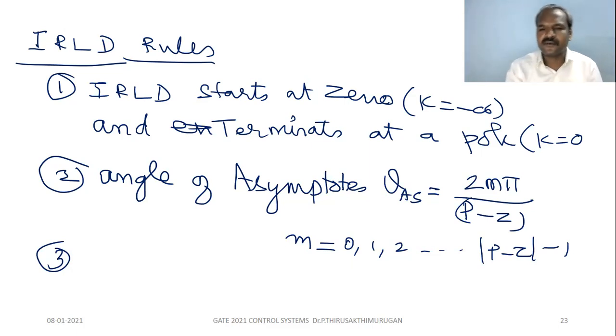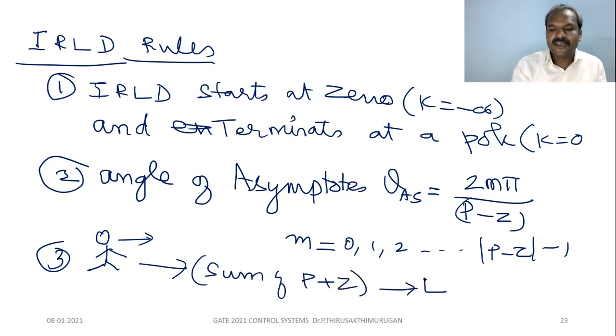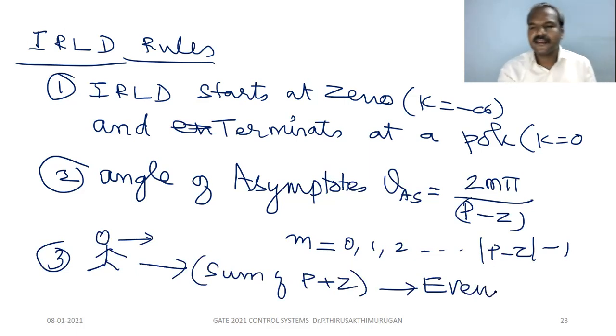I have mentioned this many times: when we stand at a point and look to the right, the sum of poles and zeros should be even here, whereas in RLD it is odd.